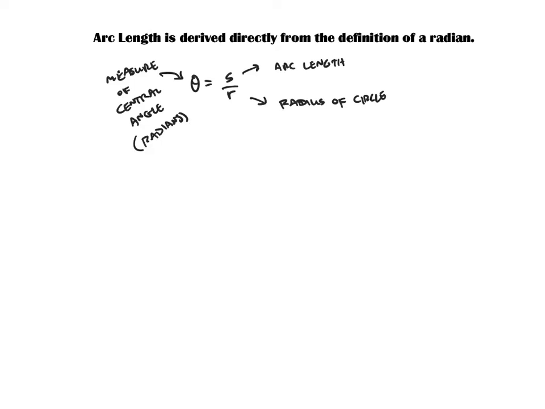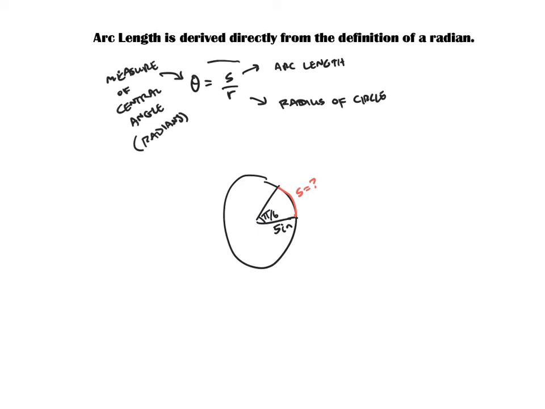Okay, so if I have a circle, and I have, let's say, a radius of 5 inches, and I have a theta value of pi over 6, that's my angle. I could find the arc length S. What would the arc length be if the angle was pi over 6 and the radius was 5?